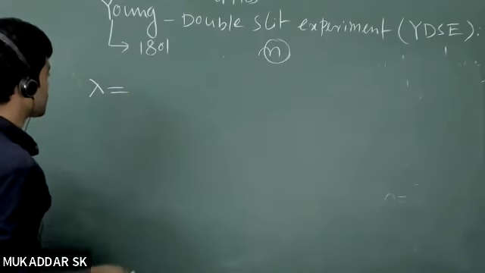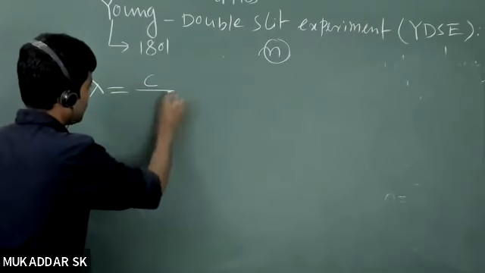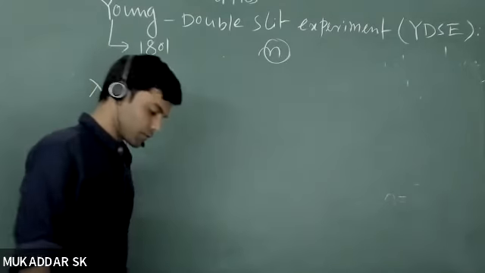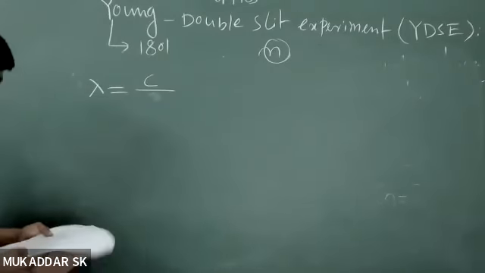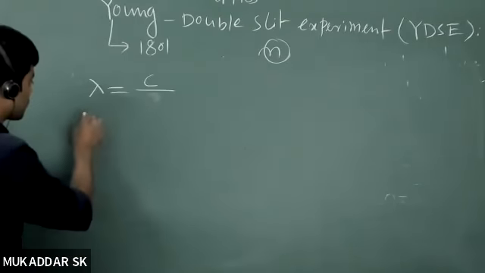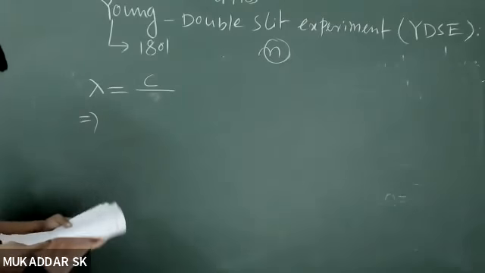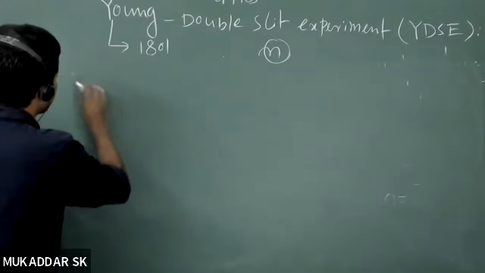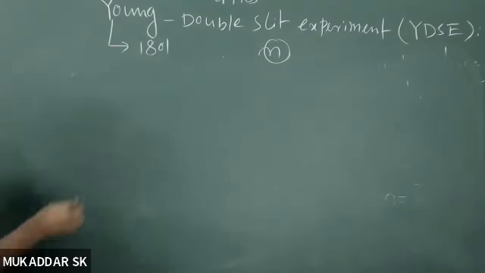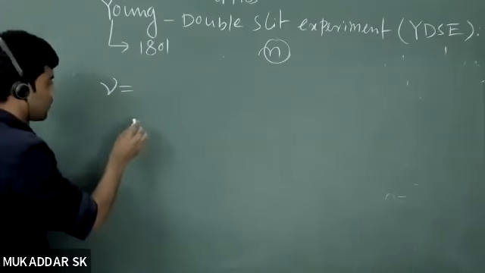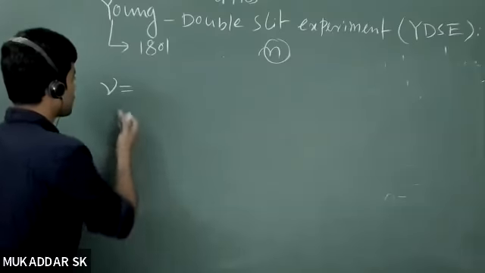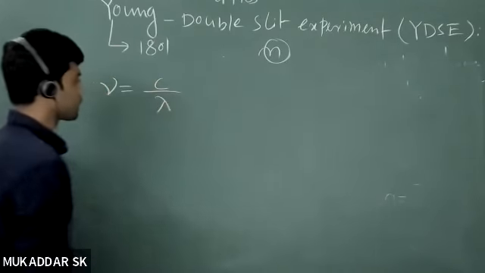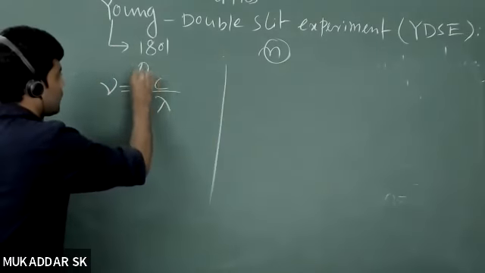So lambda will be how much? The speed of light in air divided by the frequency. Lambda equals c upon nu, and energy E equals h c by lambda. So from here you can write it. First calculate the frequency of the light you are using. Suppose its wavelength in air is lambda, then what will the frequency of that light be when it travels in air and you are performing this experiment in air? The frequency of this light will be the speed of light divided by wavelength, right? When you are performing this experiment in air.